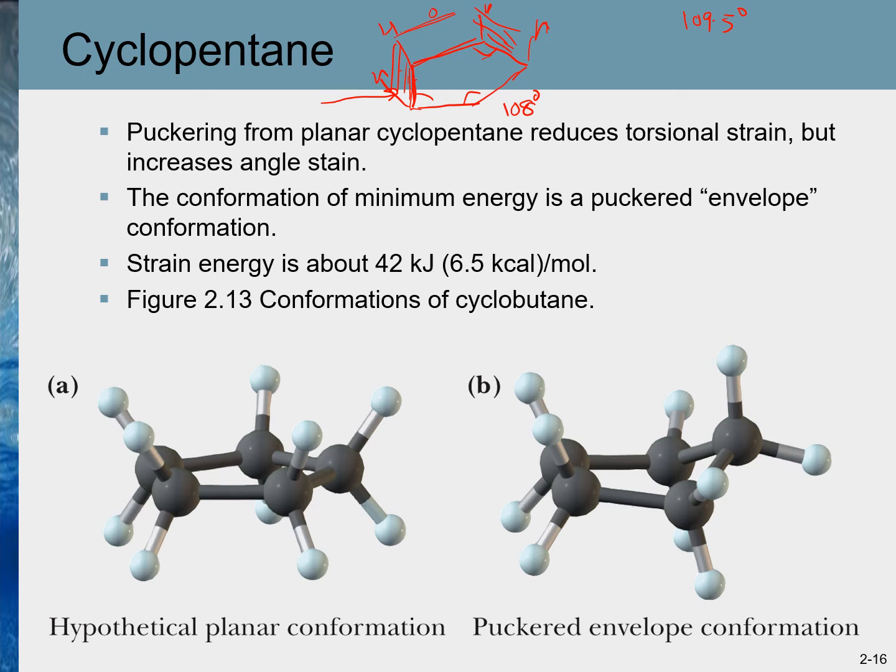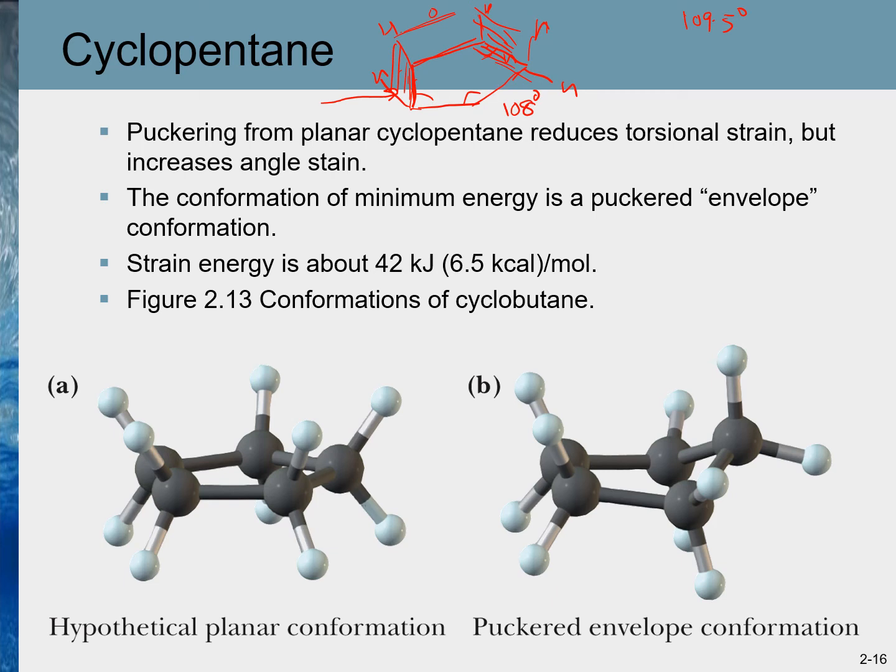So the planar cyclopentane conformation is not a very stable conformation. In cyclopentane, there are 10 CH bonds, resulting in 10 torsional strain places. So therefore, cyclopentane will become extremely unstable.